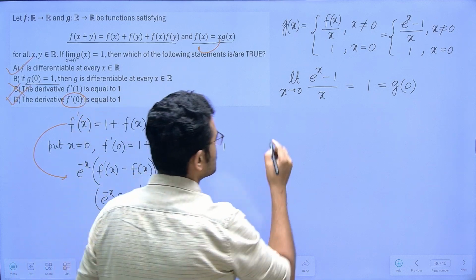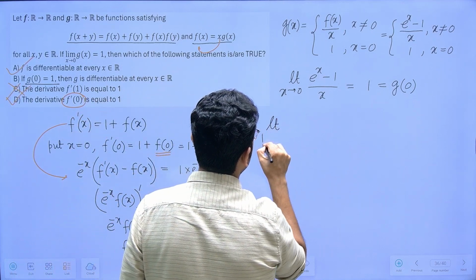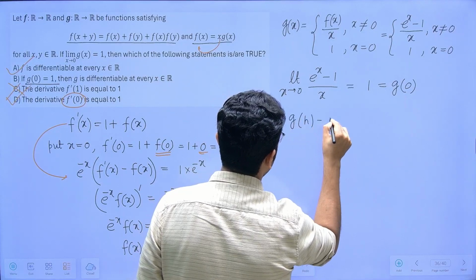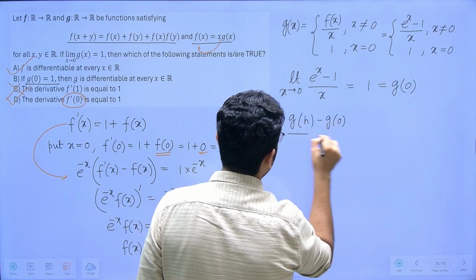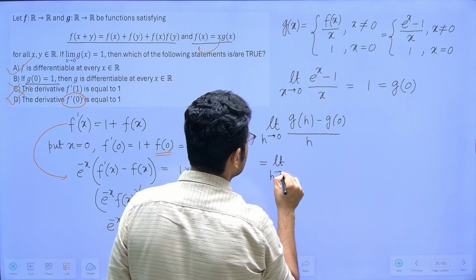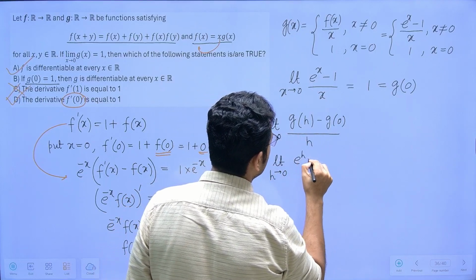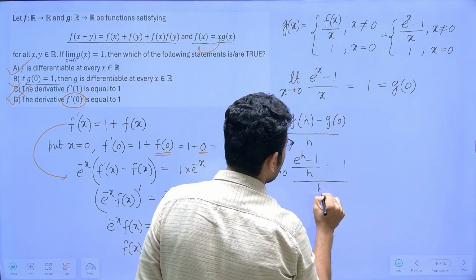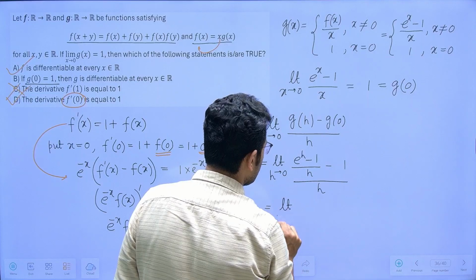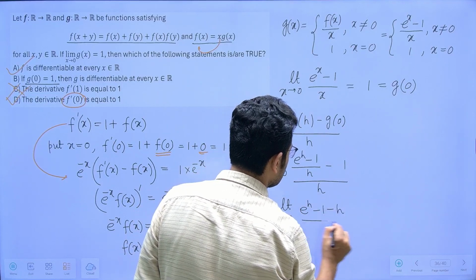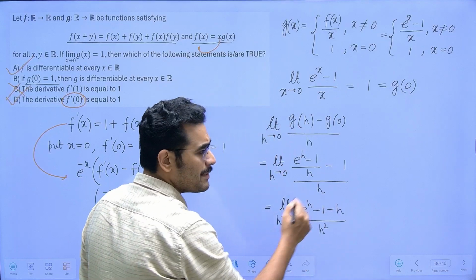Next, let us test for differentiability. We need to test the limit as h tends to 0 of g(h) minus g(0) by h. Is this limit finite? g(h) is e to the power h minus 1 by h, minus g(0) is 1, by h. So this value will be the limit as h tends to 0 of e to the power h minus 1 minus h by h square. Is this limit finite?